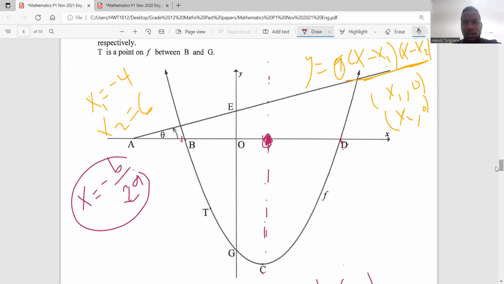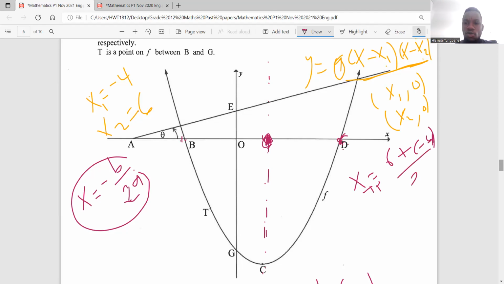So the x turning point, xtp, equals the midpoint. We already know the x values are 6 and minus 4.